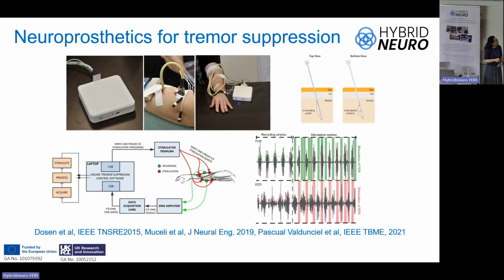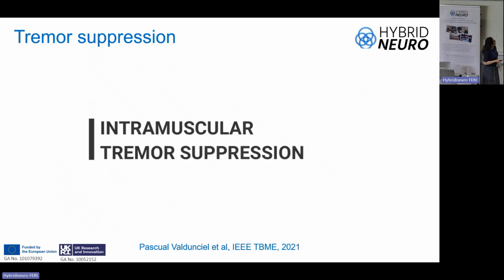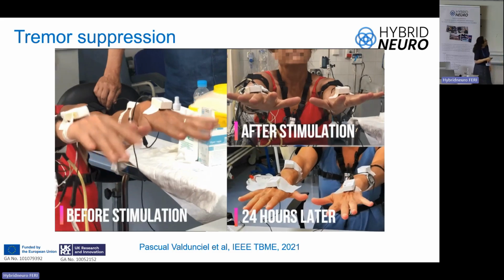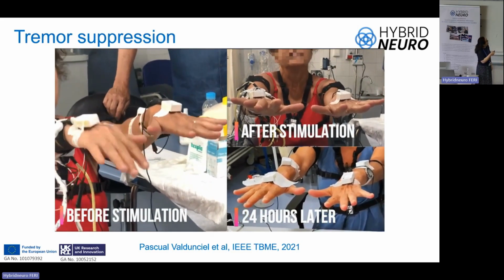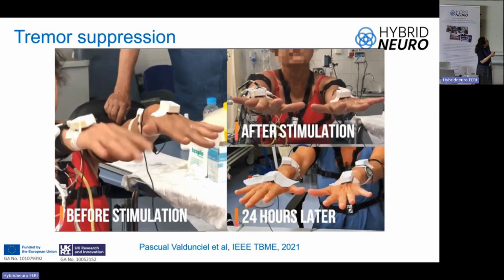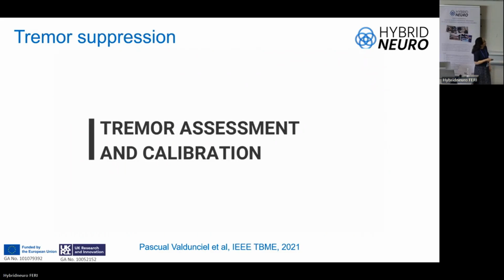We are able to reduce tremor in the same way, so afferent stimulation is able to reduce tremor in these people. I will briefly show just 1 second of the video that you already saw with Alejandro yesterday. So basically, this is before stimulation, during and after stimulation, and tremor in these people was reduced.